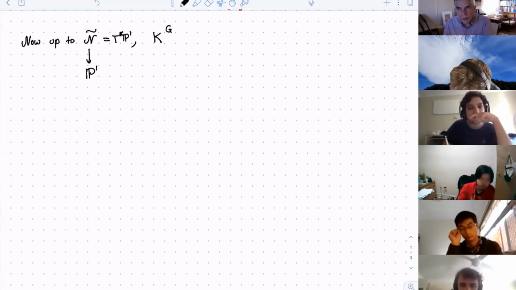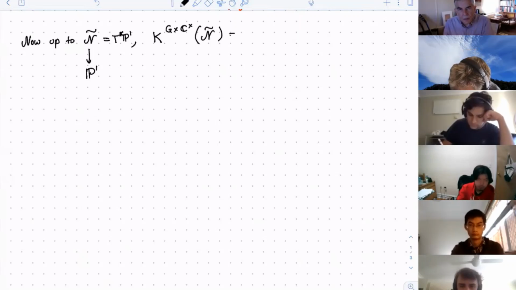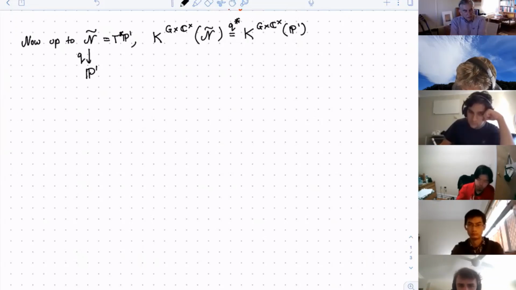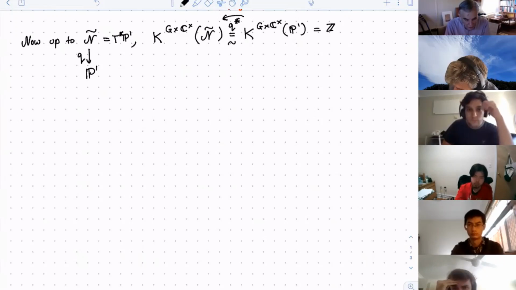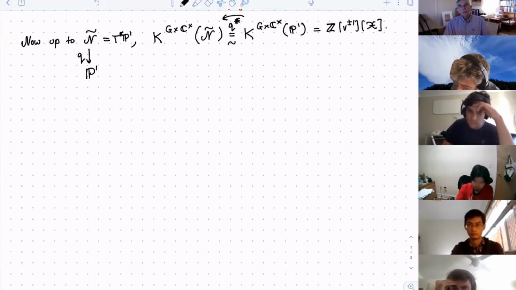And so we get that the K_{G times C star}, equivariant K-theory of n tilde, so I've explained this a number of times, is the same thing as the K-theory of P1. This is via, so if we call this map Q, this is via Q upper star. So via pullback, this is the same thing as, so by before, except now we have the C star along for the ride, times chi.